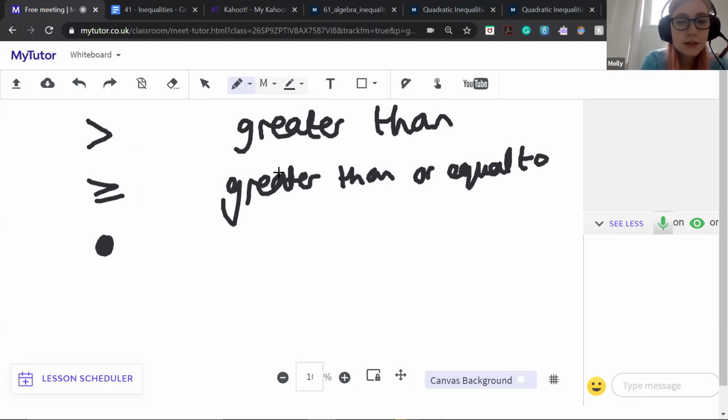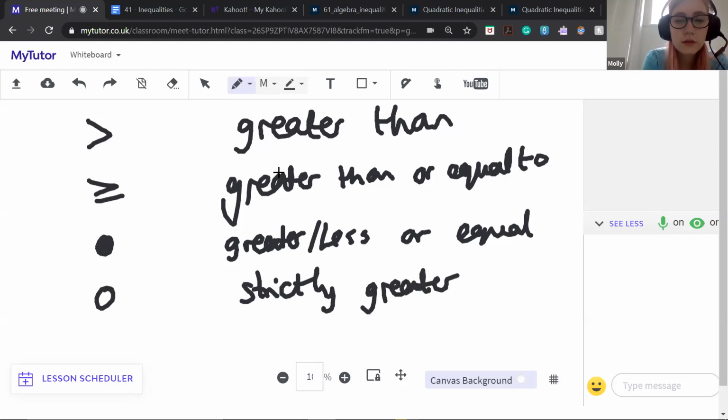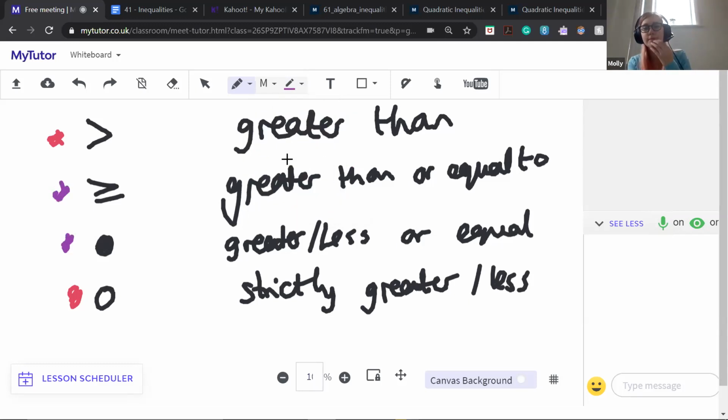This represents greater or less than or equal to. And this represents strictly greater or less. So these 2 are linked and these 2 are linked. Hopefully that makes sense.